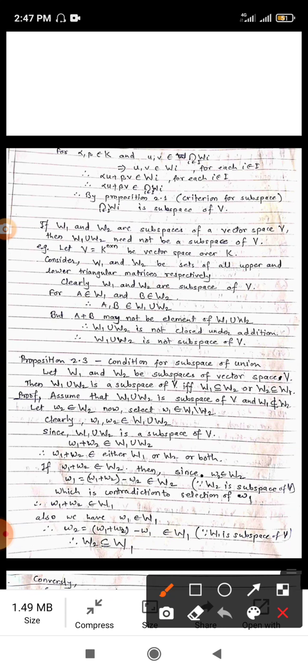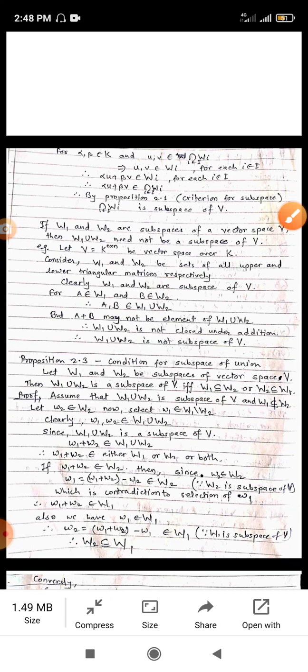Now assume that W1 union W2 is a subspace of vector space V, and suppose W1 does not contain W2. Our claim is to prove that W2 contains W1, that is, W1 is a subset of W2. Now take one element in W2, small w2 belongs to W2, and we select an element of W1 which is not in W2, that is, in W1 minus W2, the element small w1 belongs to W1 but not in W2.